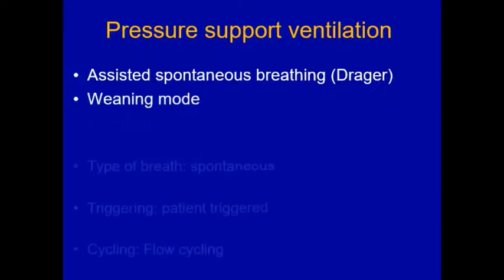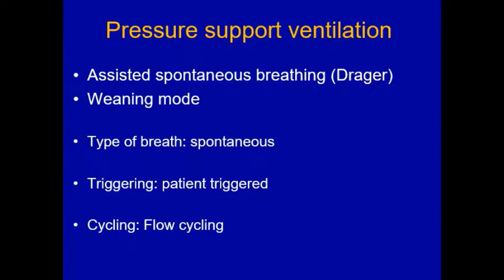This is a weaning mode. What is the type of breath? This is a spontaneous breath. The triggering mechanism is patient triggered, pressure triggered or flow triggered. Cycling occurs by flow cycling, as I explained previously. Flow cycling means whenever the flow decreases to 25 or 30% of the peak flow, the changeover from inspiration to expiration occurs.